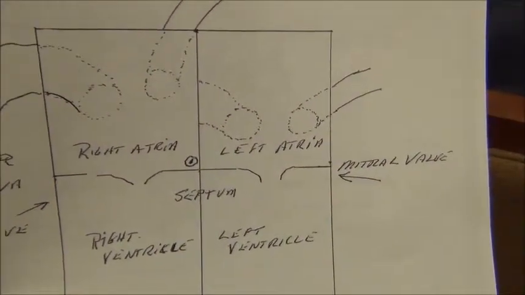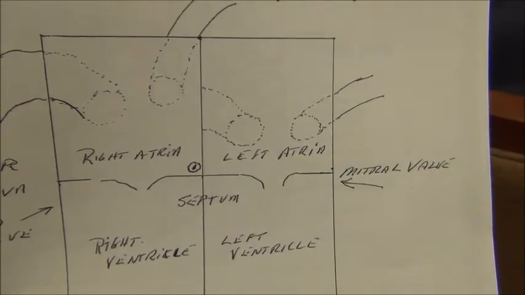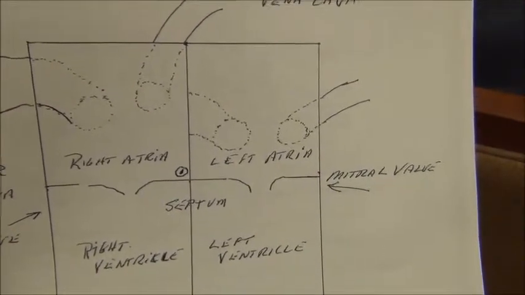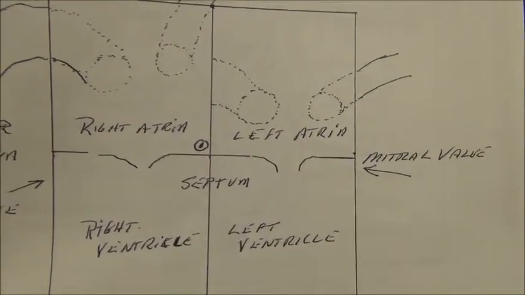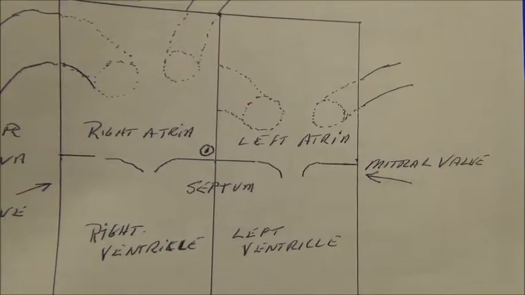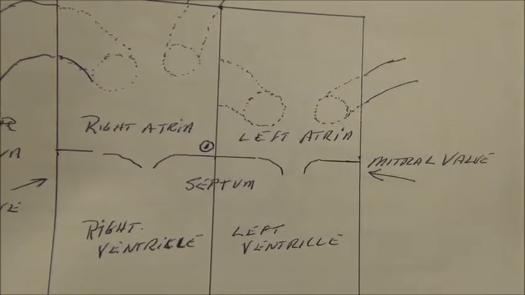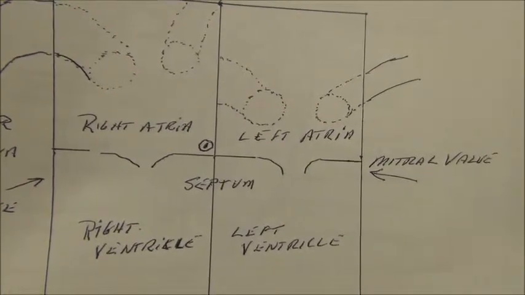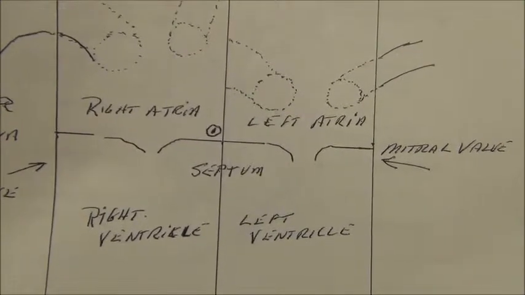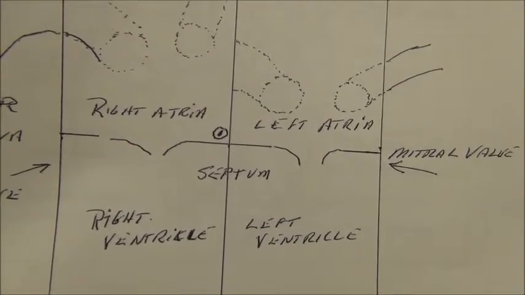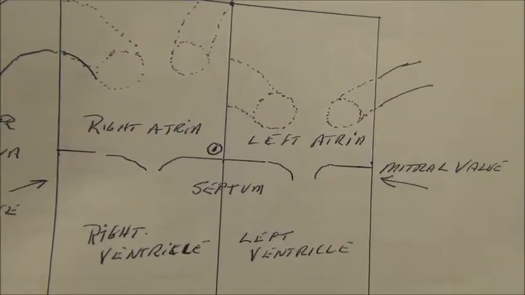When you're born, you have a patent foramen ovale in the atria, because in the uterus you don't have breathing. You use the mother's blood for oxygen. As soon as you take your first breath, that closes. So there's no connection between right and left. But the sinoatrial node is in the right atrium, and that's what controls the rhythm of your heart, and it's all electrical.